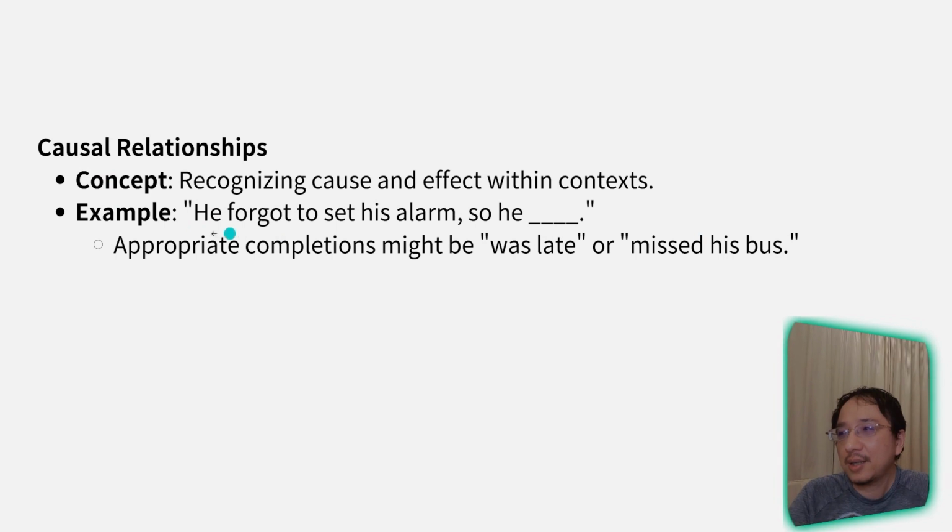And in this sentence, he forgot to set his alarm, so this blank might be was late or missed his bus. So this gives a model a chance to recognize cause and effect within this context.